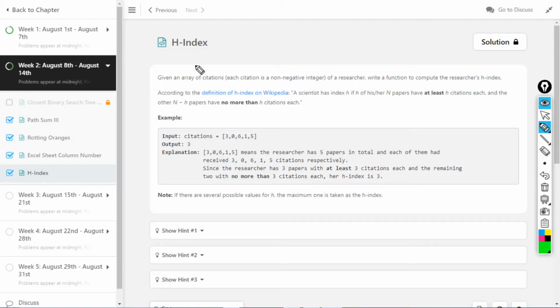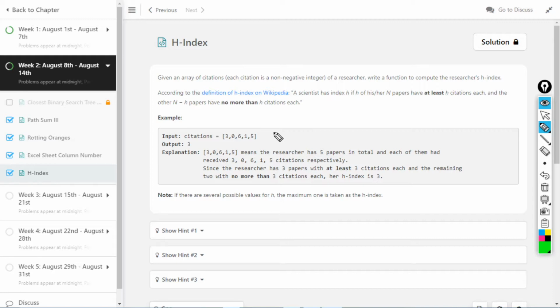First of all we'll discuss this question. This is a very simple question. We are given this array and we have to find the H index according to this array. The values in the array are known as credentials, and the thing which we have to find is the H index. What is the H index?